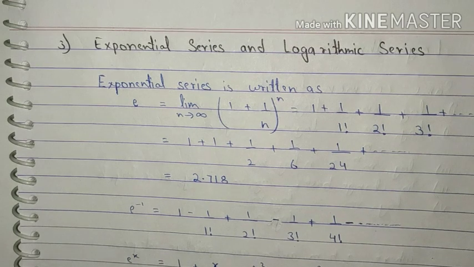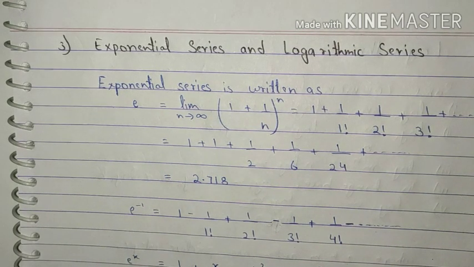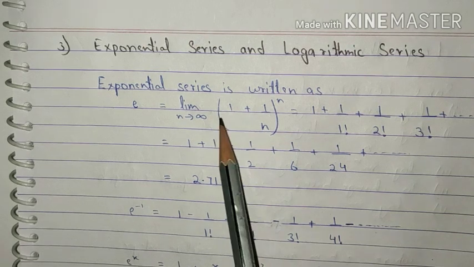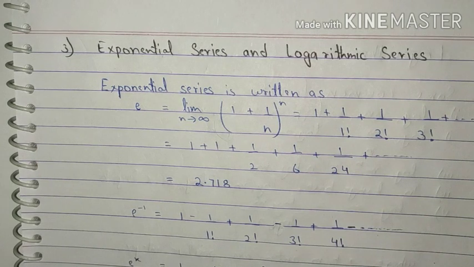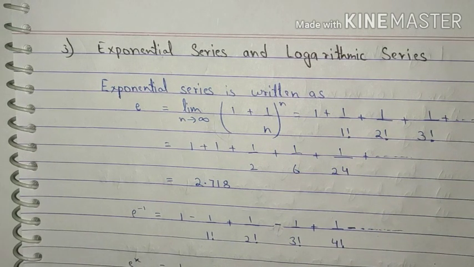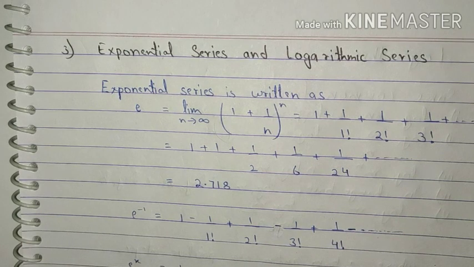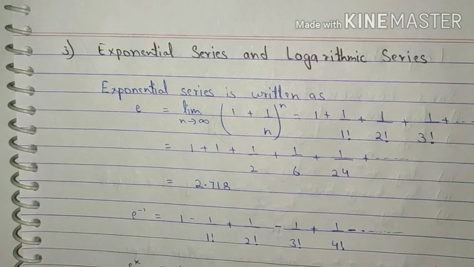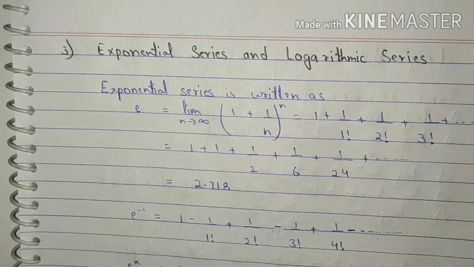The exponential series can be written as e is equal to limit n tends to infinity (1 + 1/n)^n, which can be expressed as 1 + 1/1! + 1/2! + 1/3! and so on. Ultimately, when we solve this equation, we get the value as 2.718.